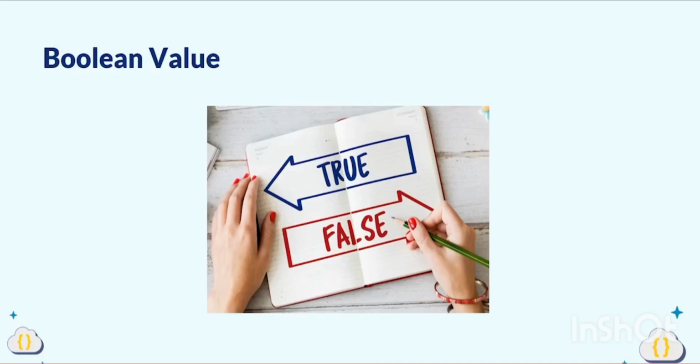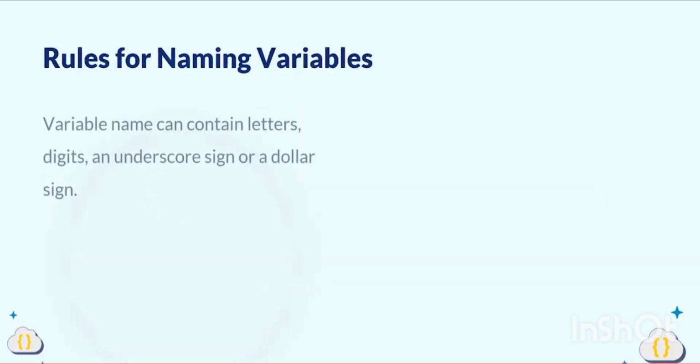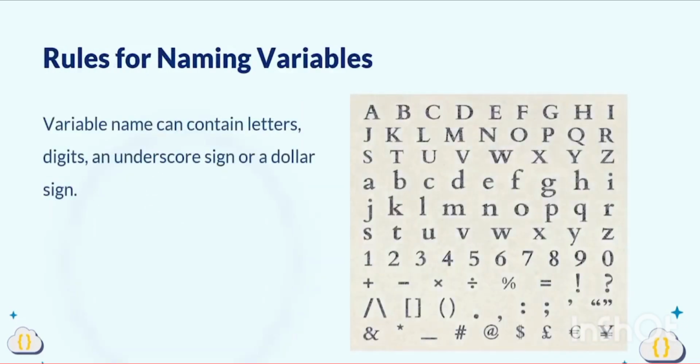For now, let us learn how we can create a variable in Java. To create a variable, we must provide a name to the variable. And naming a variable in Java has some rules. Let's check those rules. First rule says that a variable name can contain letters, digits, an underscore sign or a dollar sign.